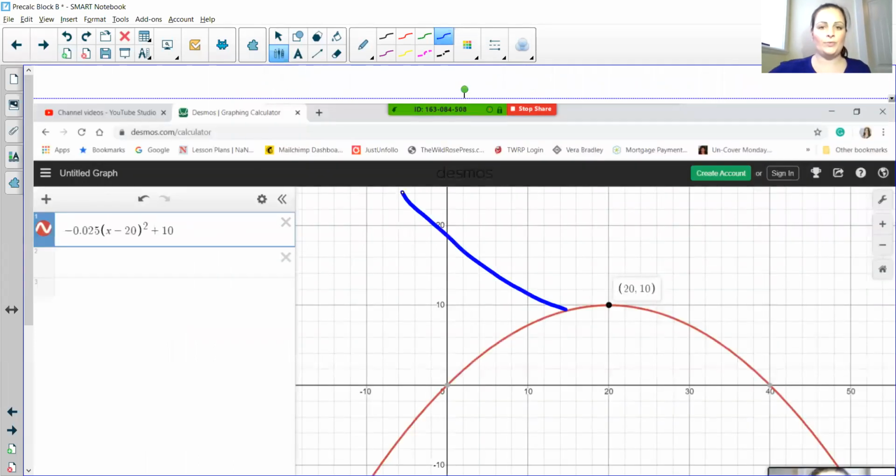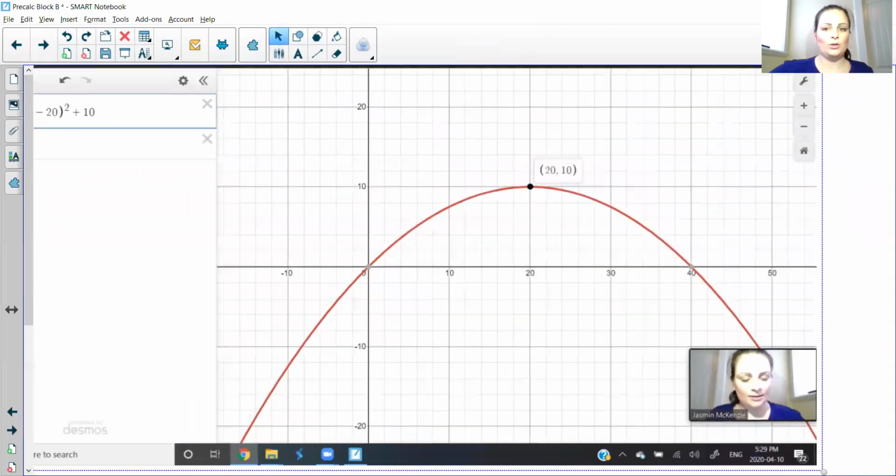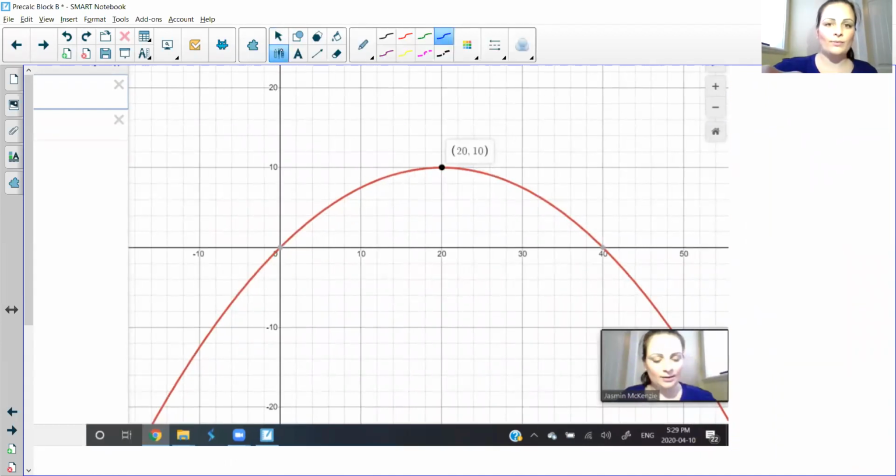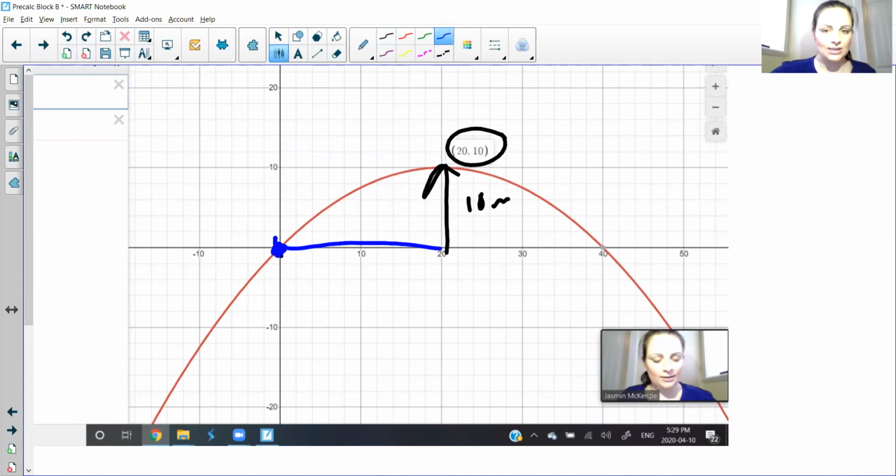There we go. Look at me writing all over it, not being very helpful. So this here tells us the max height occurs at 10 meters. It tells us the distance at which this occurs from the kicker. The kicker is at 0 distance, kicks the ball. It happens at 20. So the answer for B is the distance is 20 meters.